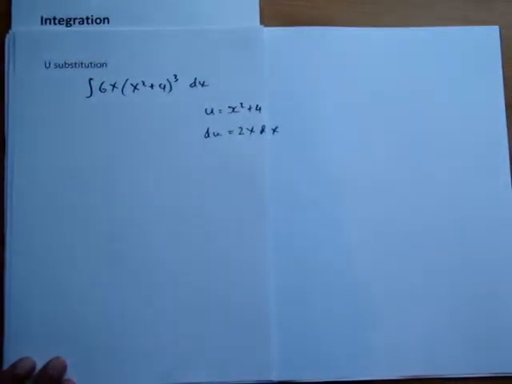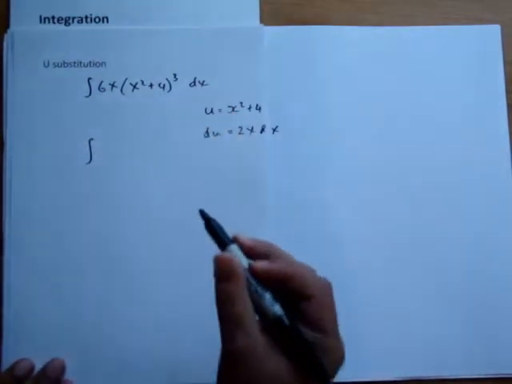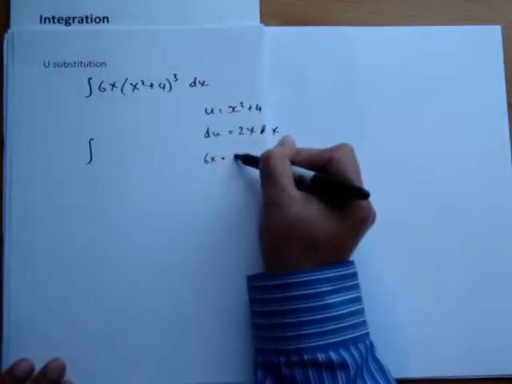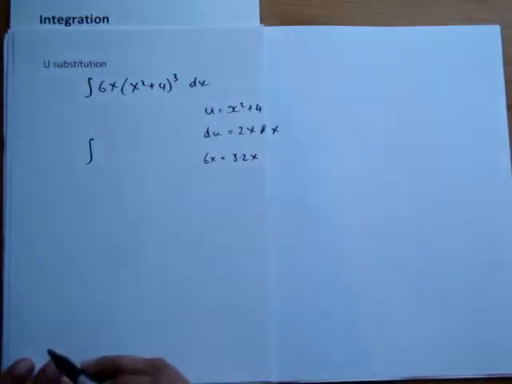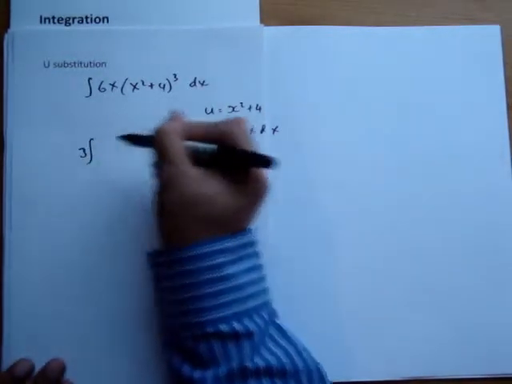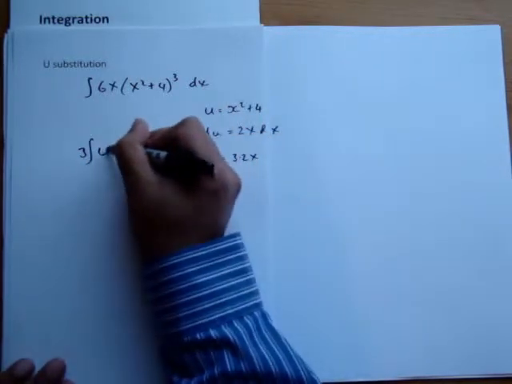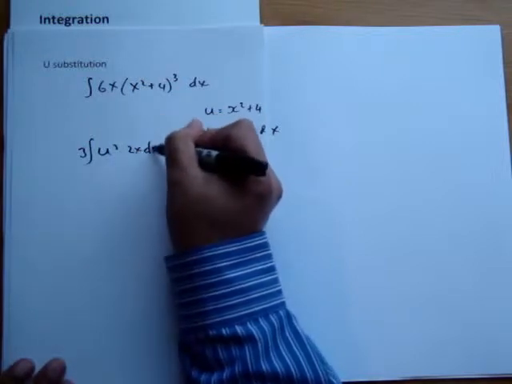What we can do is make one up. 6x equals 3 times 2x, so bring the 3 to the outside, and this will become u to the 3 times 2x dx.